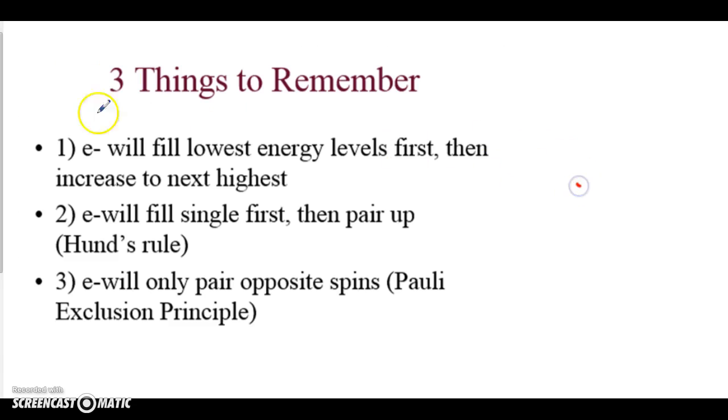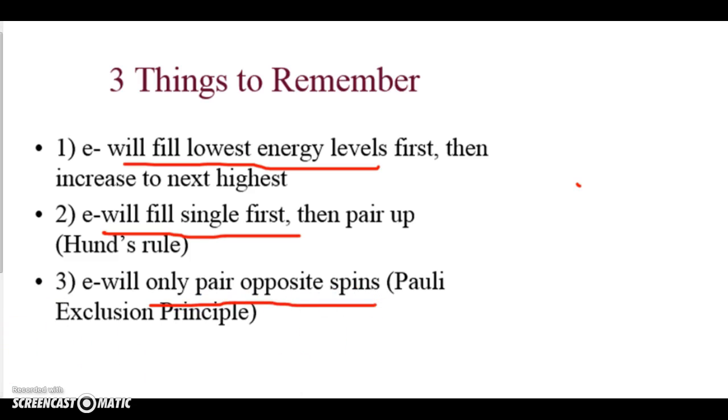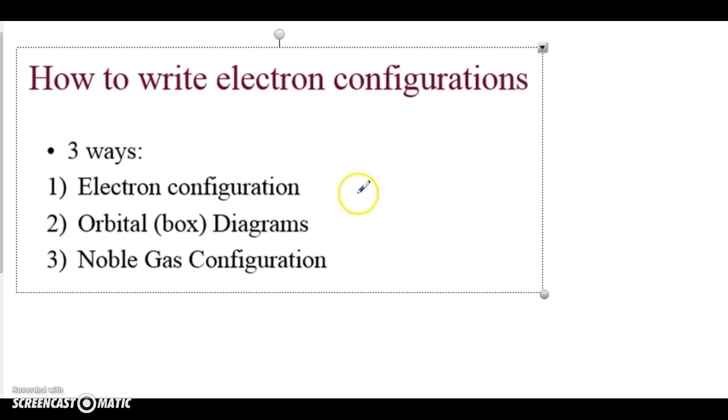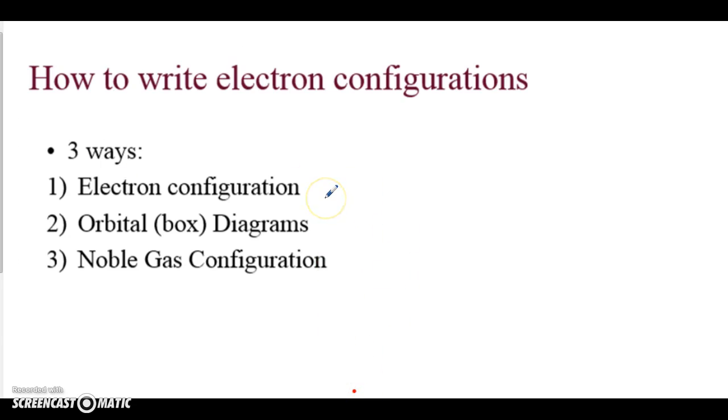All right, things to remember. They'll always fill up the lowest energy levels first. They will always fill up single first, and then they will pair up. There are 3 different ways to write them. You have to know vocab, terms, definitions.